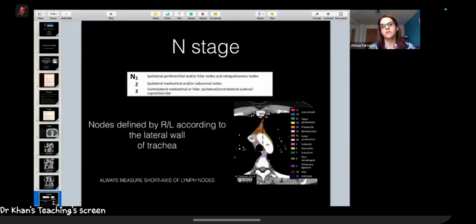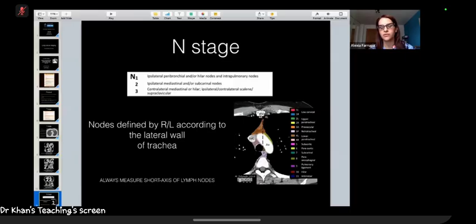Now, when we're deciding whether a node is ipsilateral to the side of the tumor or contralateral, nodes are defined by right versus left-sided nodes according to the lateral wall of the trachea. So if we look at the left lateral wall of the trachea, anything to the left of this line is ipsilateral.